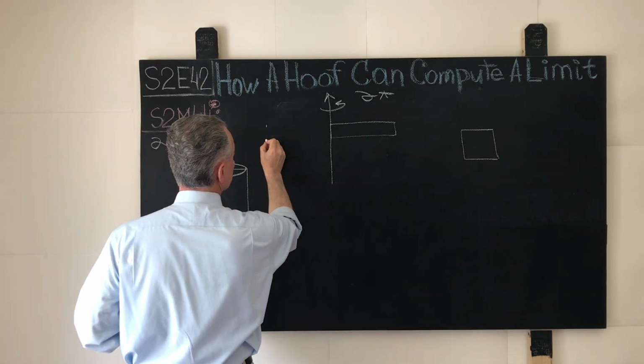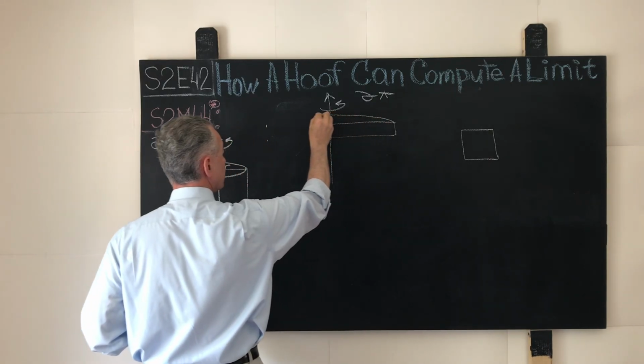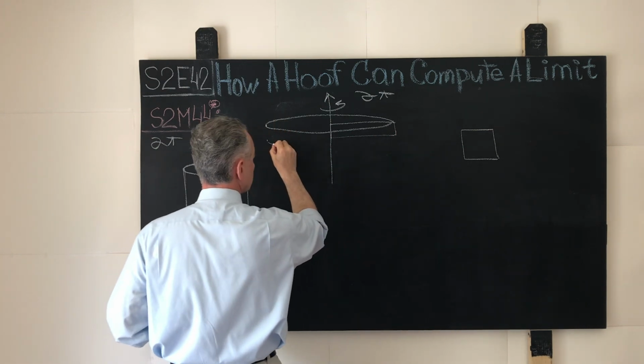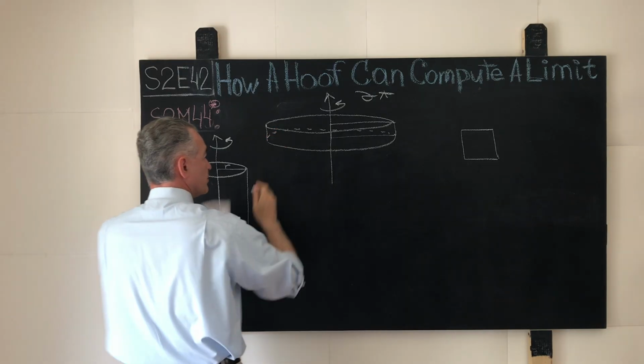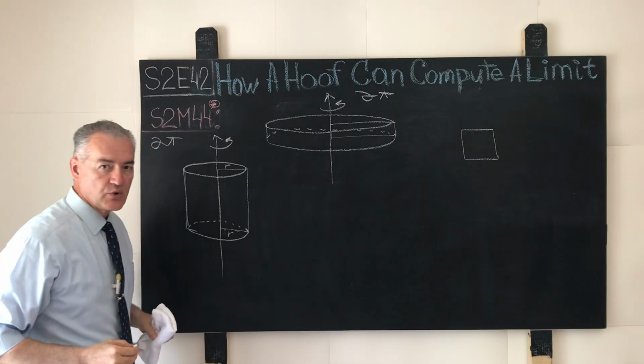Let's say it goes this way, so that the top face of this right circular cylinder will be this one, the bottom face will be this one. This is a cylinder which is wider than it is tall.